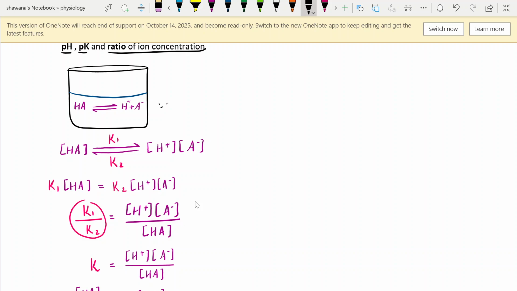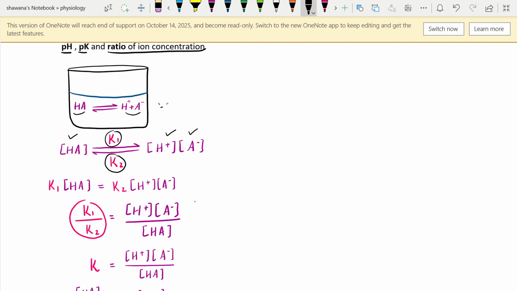It means that both HA, the protonated form, and H positive and A negative, the non-protonated form, are present in the solution. So let's talk about it. We can write HA concentration with the forward constant equal to H positive concentration and A negative concentration with the reverse constant.